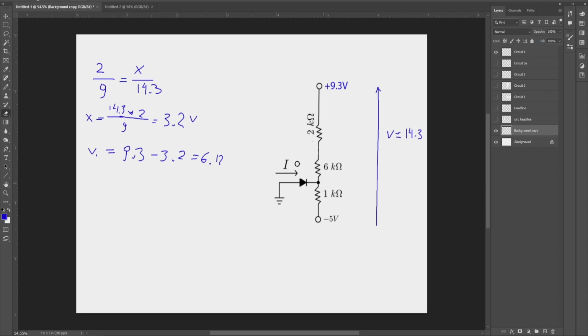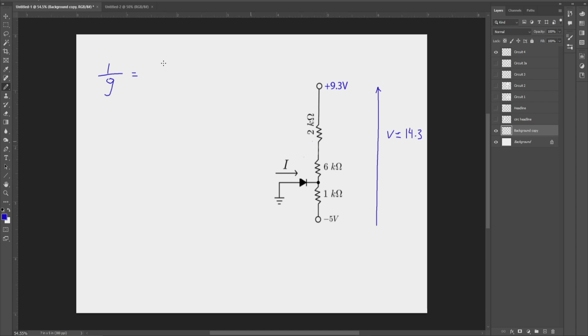By the same voltage divider principle, 1 kilo to 9 kilo is the same as this voltage drop, which is going to be, in our case, we just call it X, to what? 14.3. Still have 14.3.